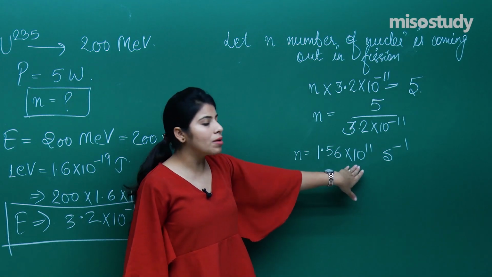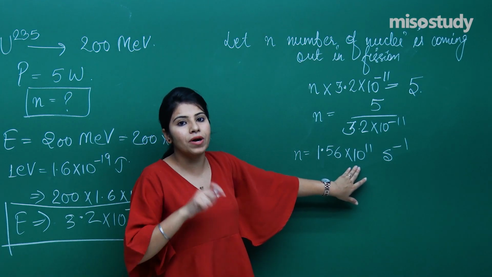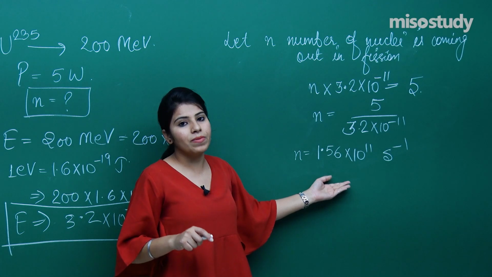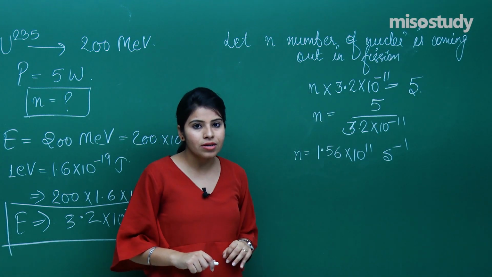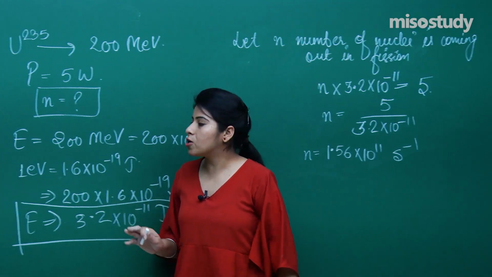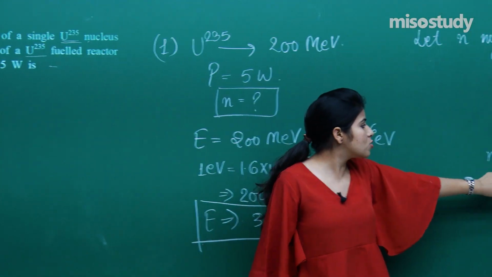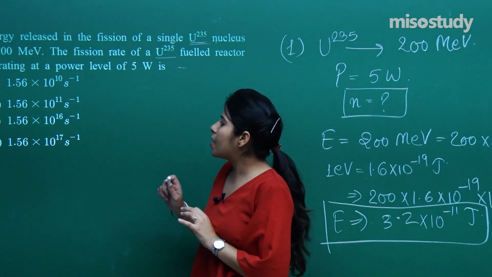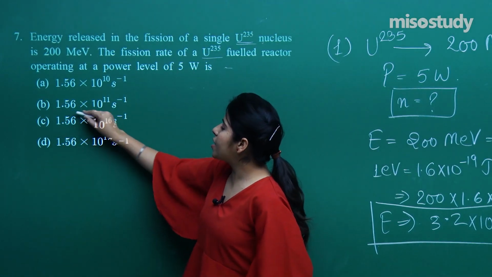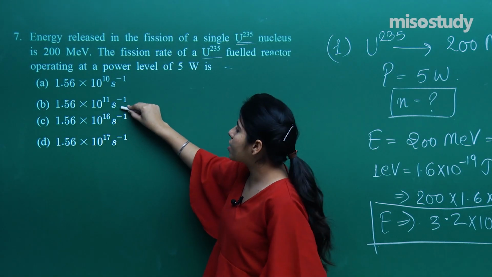This much number of nuclei come out per second, so this will be the rate of the fission, right? This is how we find the rate. My answer is 1.56 into 10 raised to the power 11 per second. So I can see here B is the correct answer, and I am going to tick it.